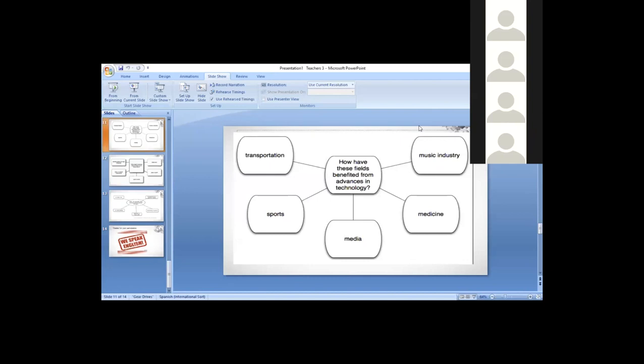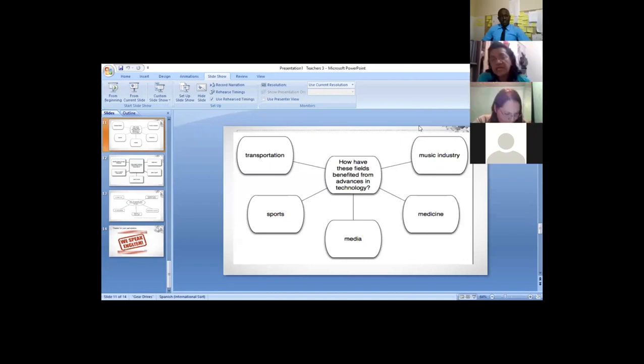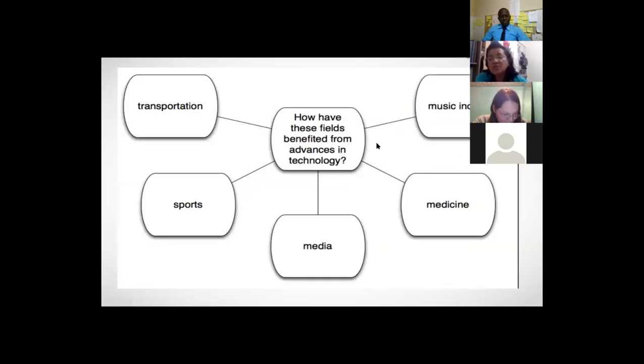And about the music industry, as Maggie said, there are now better tools, more modern equipment to enjoy music.